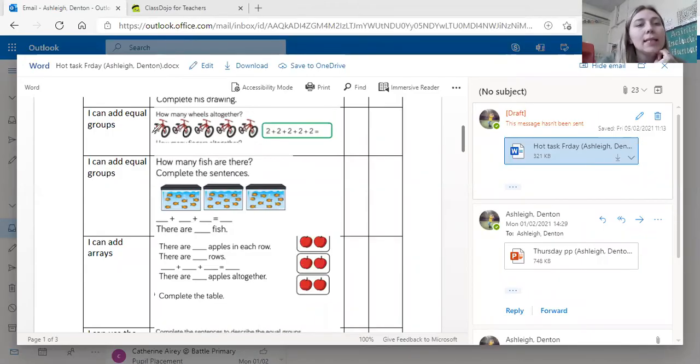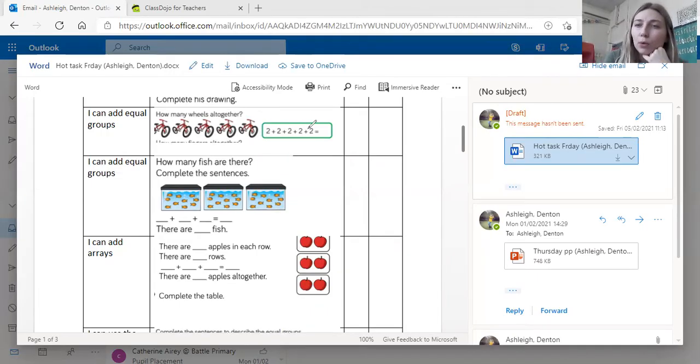Okay, so it says, how many wheels are there altogether? Now we know that a bicycle has 2, because bi means 2 wheels on each. So I have 1, 2, 3, 4, 5 bicycles. And it's shown us the number sentence, the sum here. So 2, add 2, add 2, add 2, add 2. Now I could go counting up in 2s on my fingers, but that might take a bit longer.